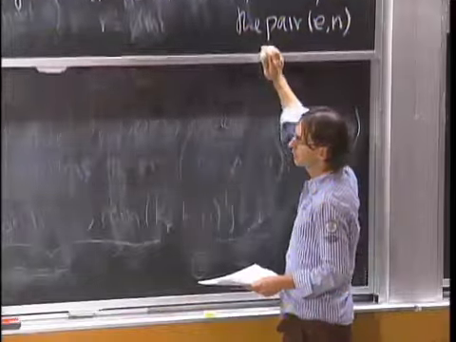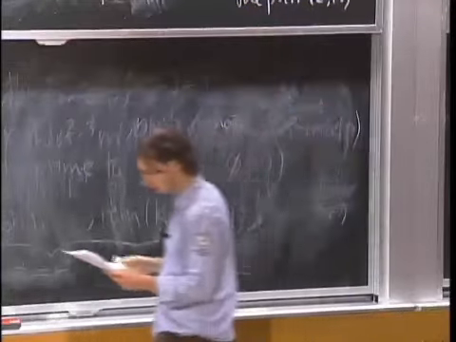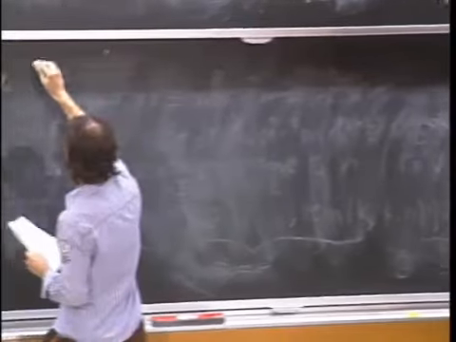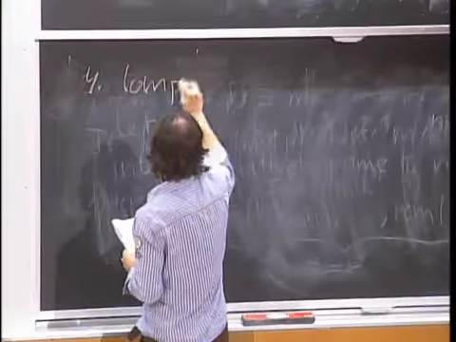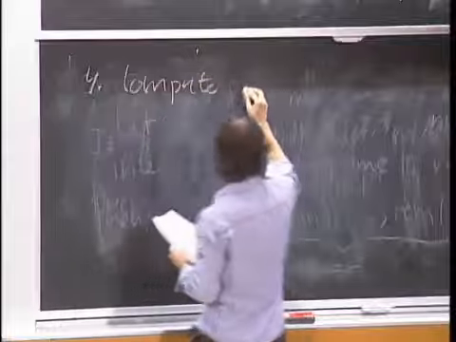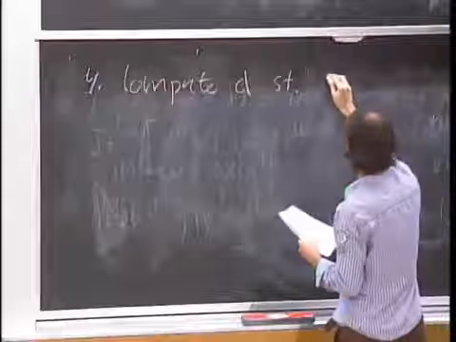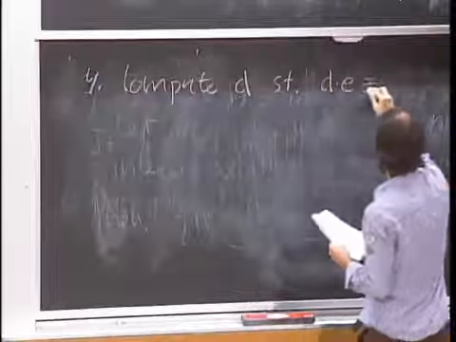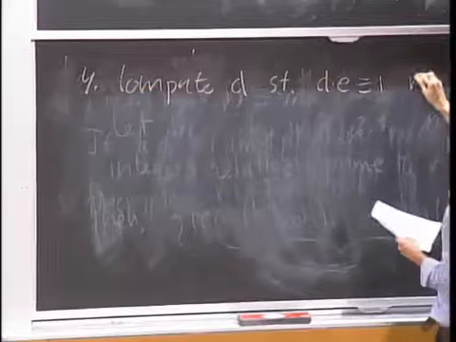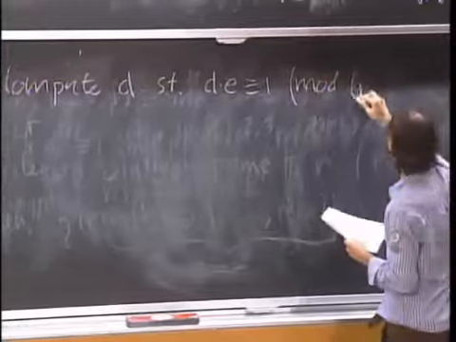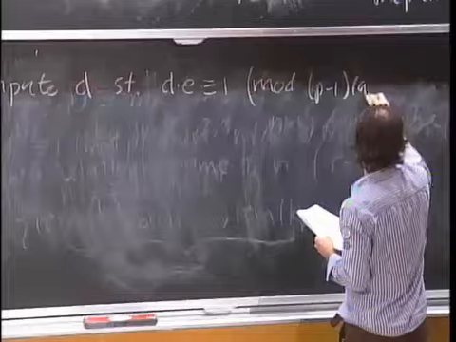And the secret key is going to be computed as follows. In step 4, we are going to compute d such that d times e is congruent to 1 modulo that product of (p minus 1) times (q minus 1).